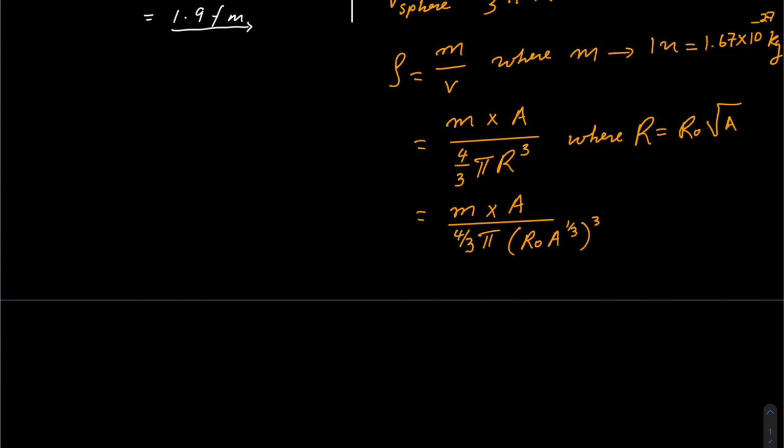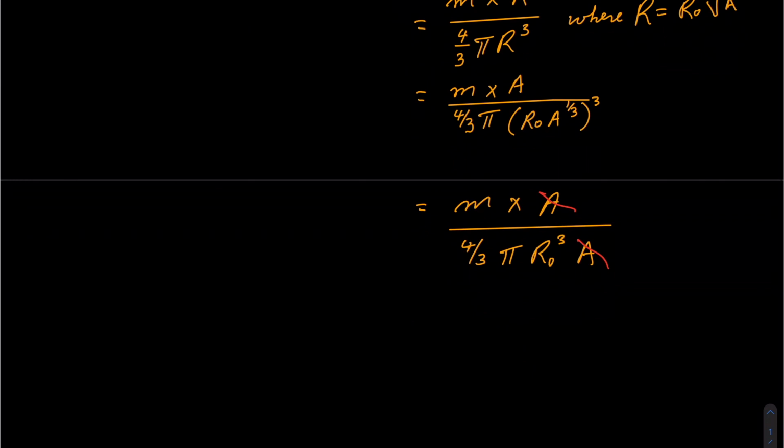Now, this equation can be simplified by writing it as follows. M multiplied by A, we divide this by 4 over 3 pi r naught cubed A. The expression for density will basically be the mass of the individual nuclide divided by 4 over 3 pi r naught cubed.